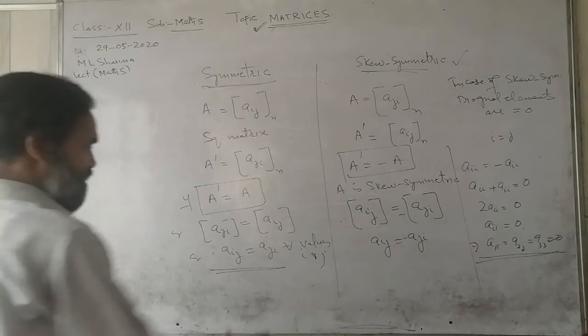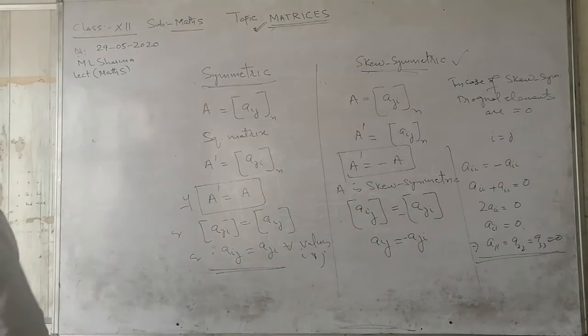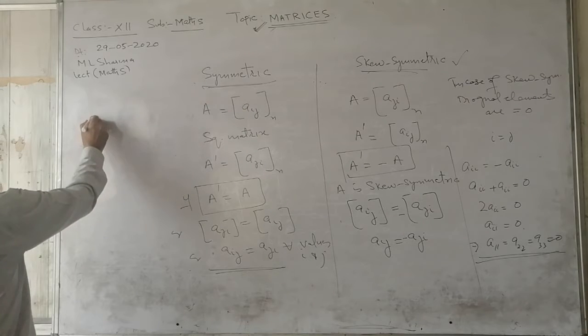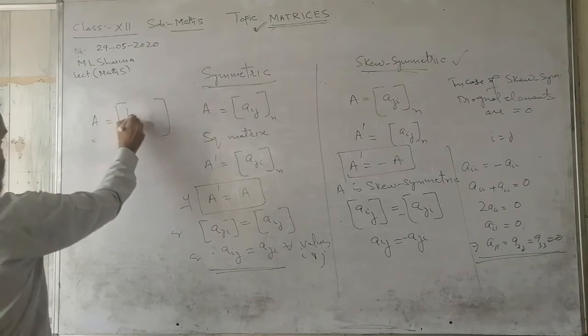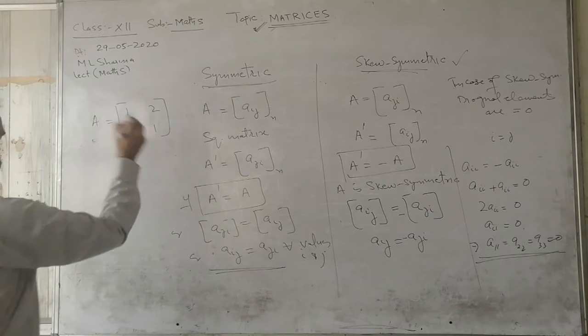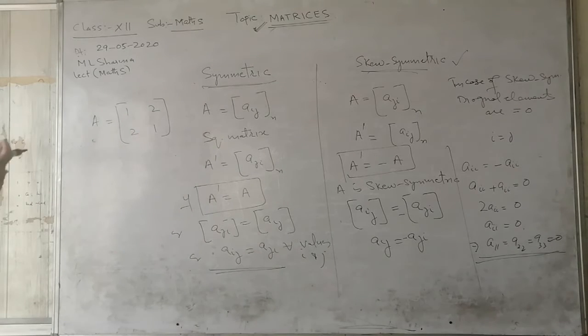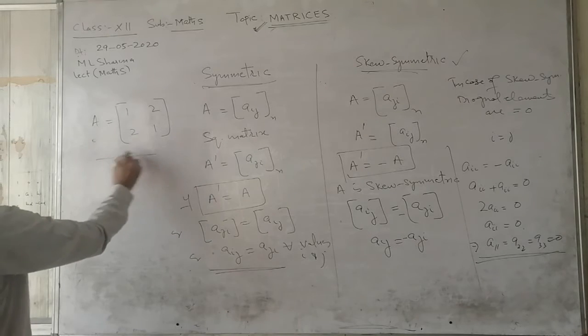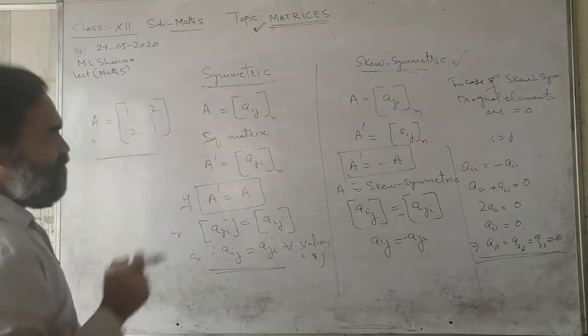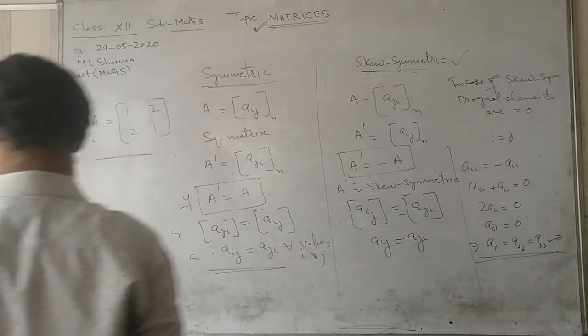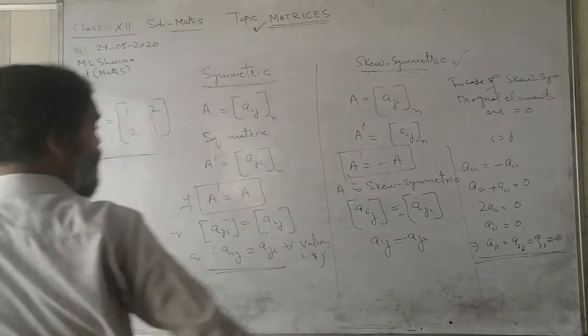As an example of a symmetric matrix A, if I write 1, 2, 2, 1, this is a symmetric matrix. And if I have to write a skew symmetric matrix, I can write it in this way.